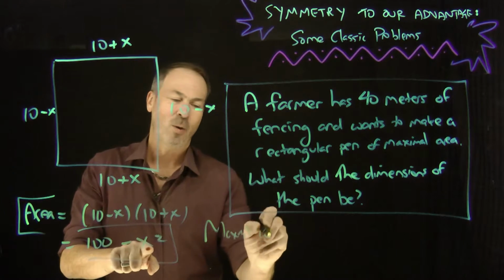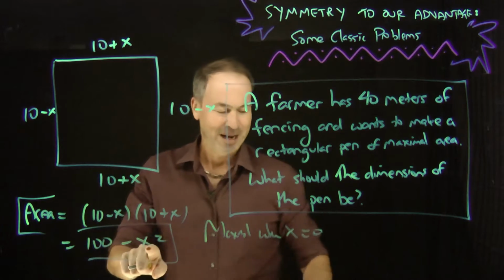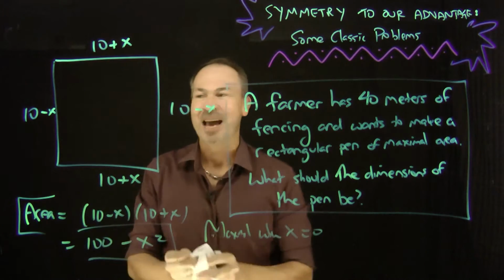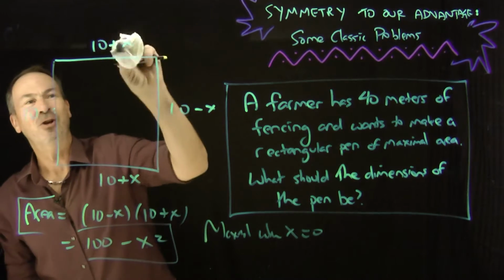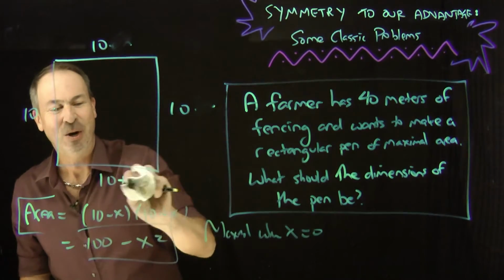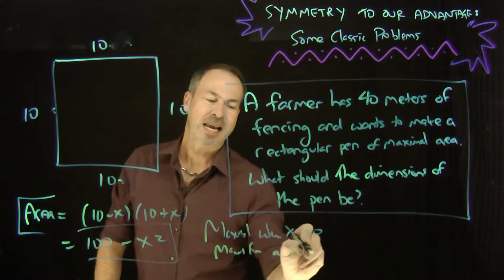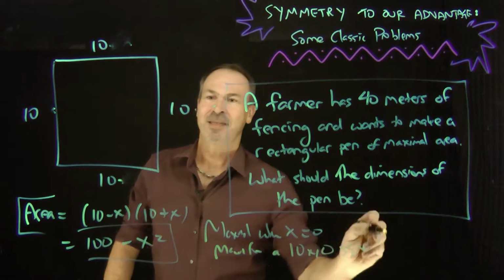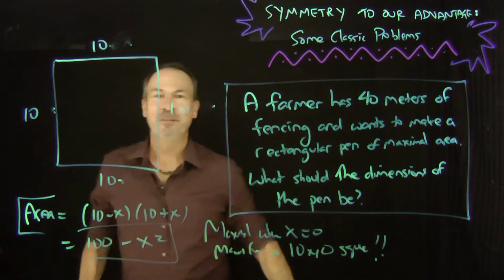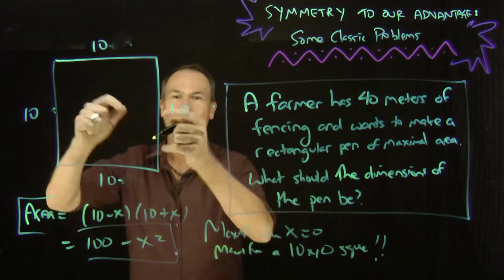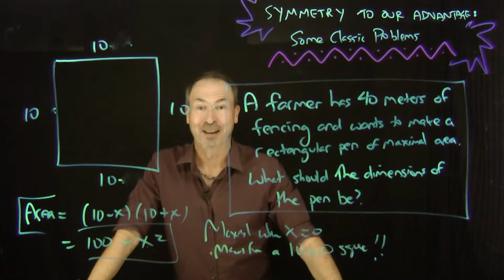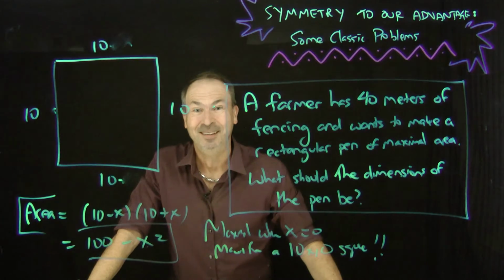Maximal when x equals 0. That is, I have no deviation from my square solution, no deviation from the symmetry. Whoa! So maximum for a 10 by 10 square. There it is. I use symmetry to my advantage to make this problem fall into place very swiftly.